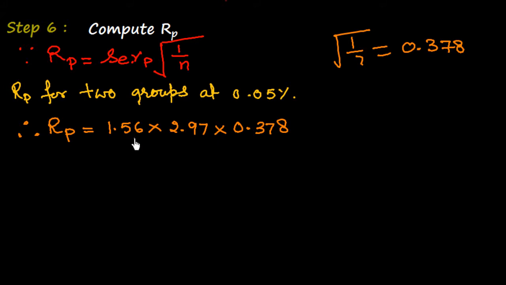So these figures 1.56 and 0.378 we take as common in all the observations, and the table value changes according to the level of significance at 5% or 1%, or according to the group, 2 groups or 3 groups. Here we are taking 2 groups, so finally we get 1.75. This is the RP for 2 groups at 5%.